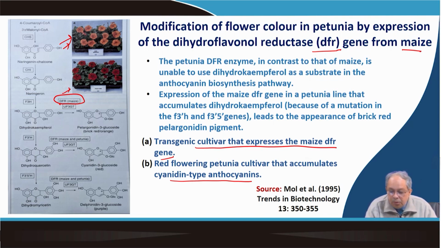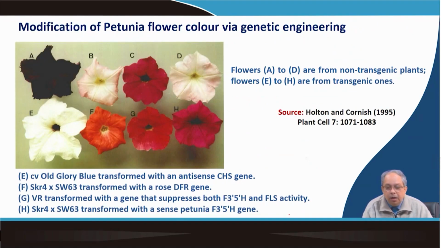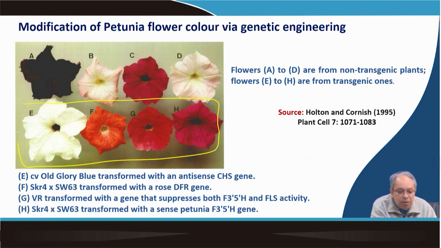This was reported long back in Trends in Biotechnology, and this is another one where the bottom four are a result of transgenic application, whereas A, B, C, D are non-transgenic, maybe created out of mutation, but these are also petunia.